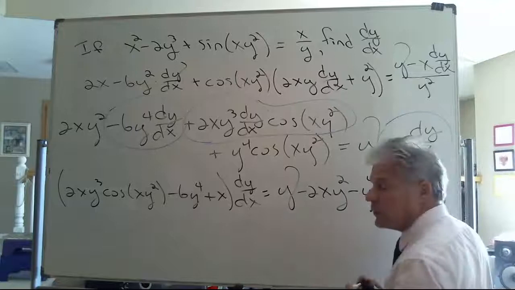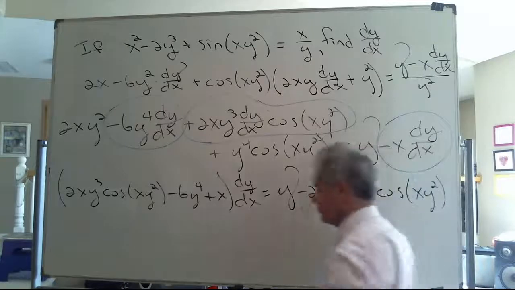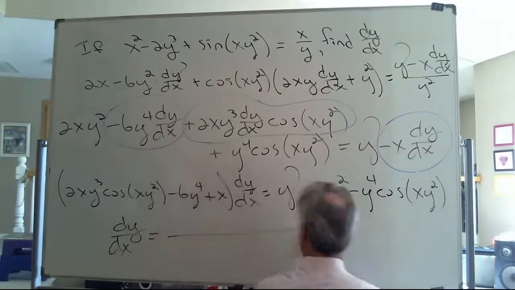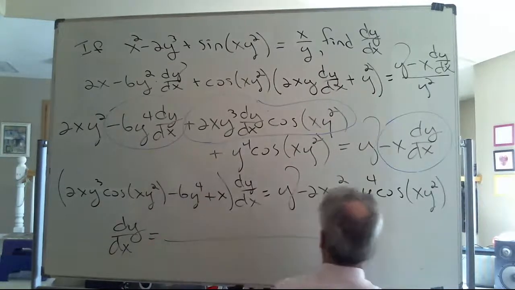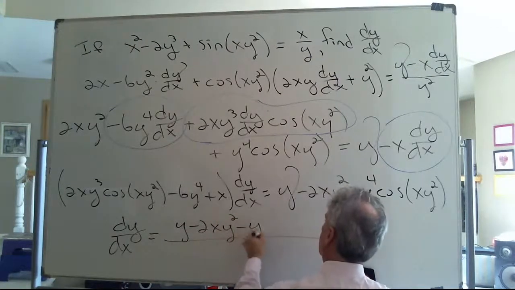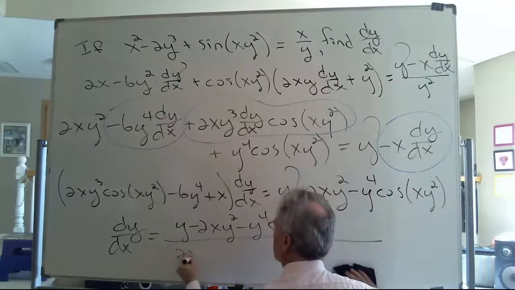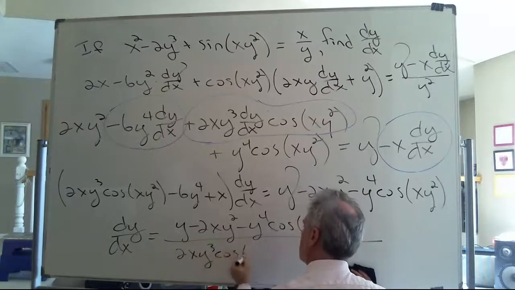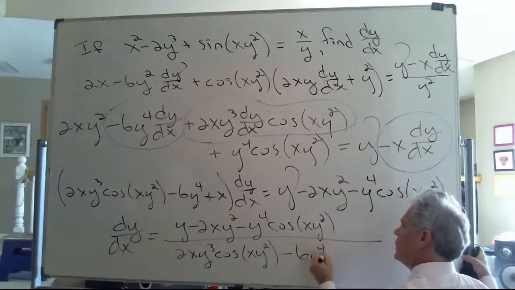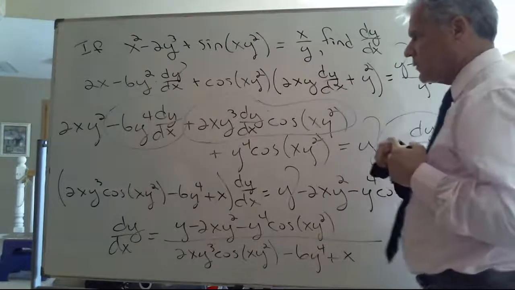Now that I see dy/dx only once, to isolate it, I'll merely divide both sides by what's being multiplied to it. Boy, I just love these test-worthy questions.